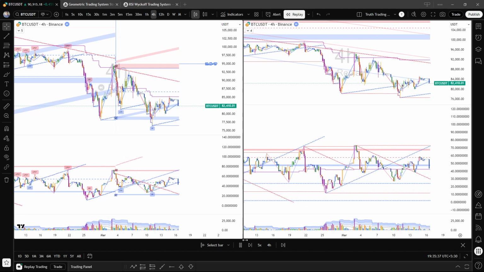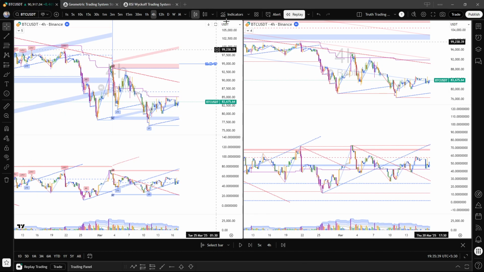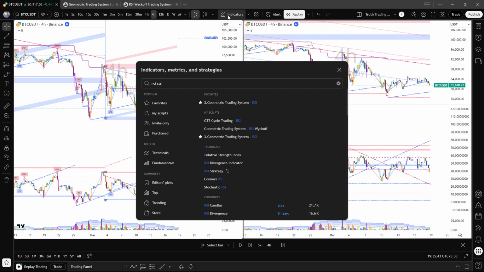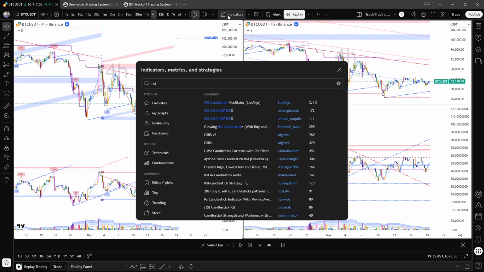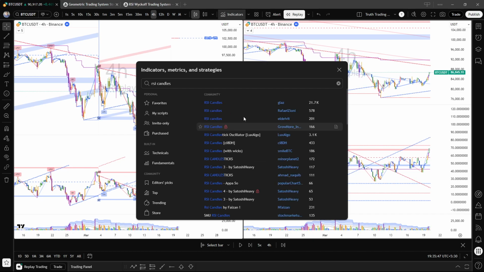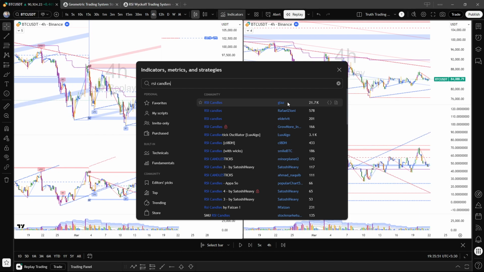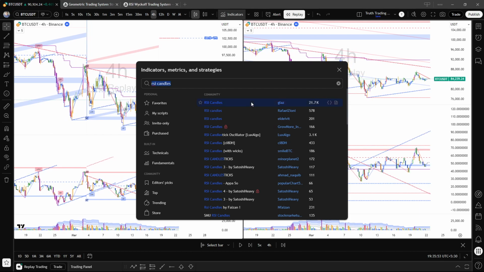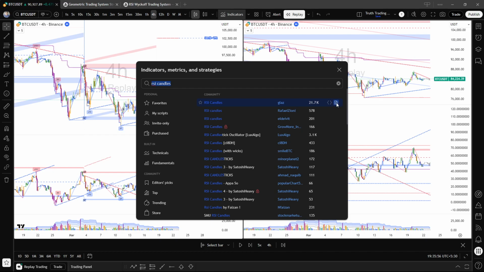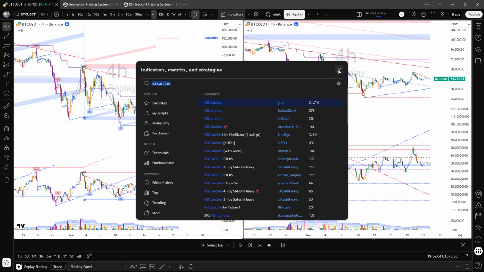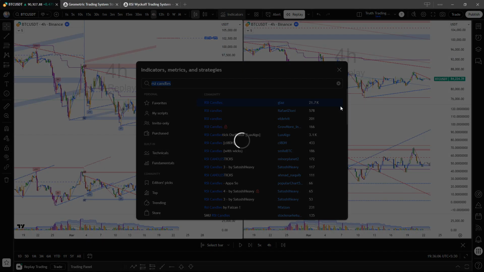Okay, and like I've seen when I search RSI candlestick, RSI candles, this is one of the very famous indicators. And look at when I add this, look what happens. It's not that intuitive as you would think. I don't know what it even does.